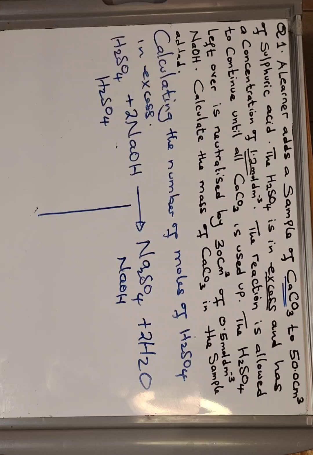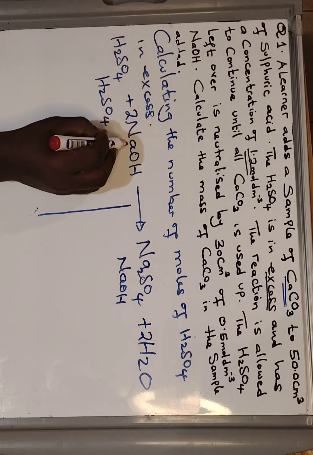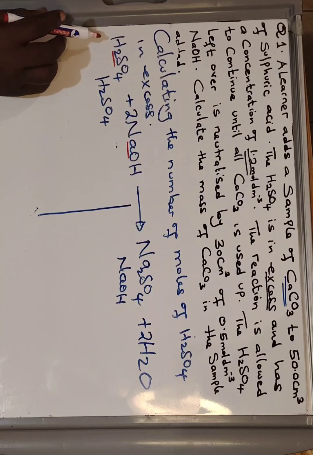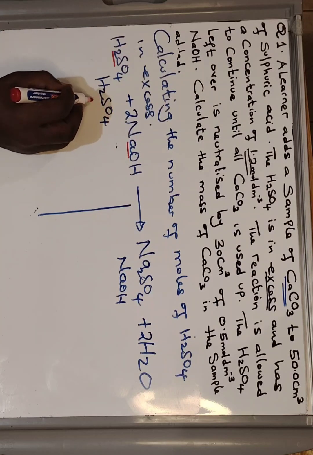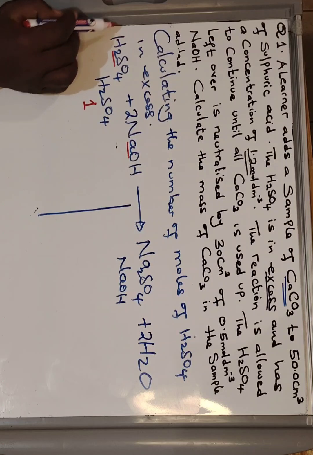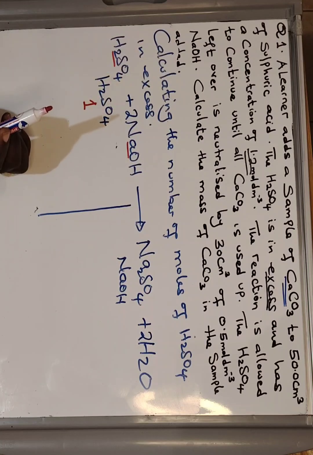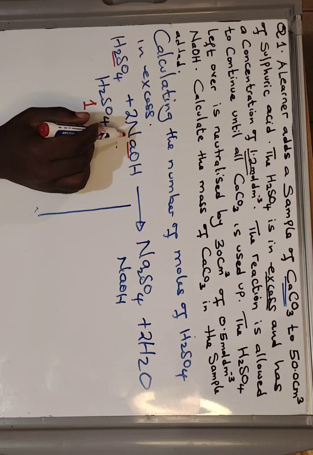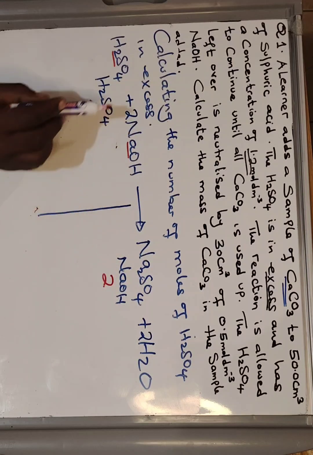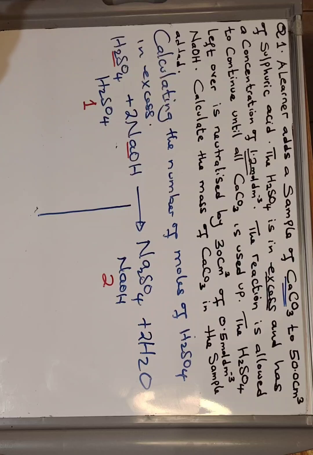The entire setup is about this and this. So we quote the mole ratios. Sulfuric acid is having 1. Where do we get the 1? The number which is in front here is what we put here. Sodium hydroxide is having 2 because of this 2 here.